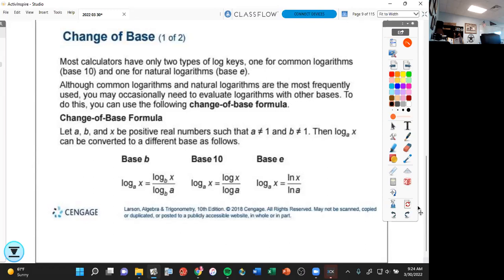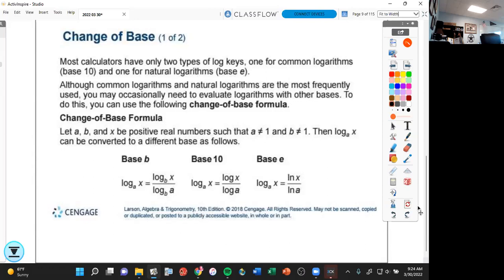I can change it to log base B of X divided by log base B of A. As long as those bases, once you change the base, are the same, the number that's higher than the other goes on top, the number that's lower goes on the bottom. It's that simple. And I can also change it to natural logs, the same way: natural log of X over natural log of A. That's change of base.